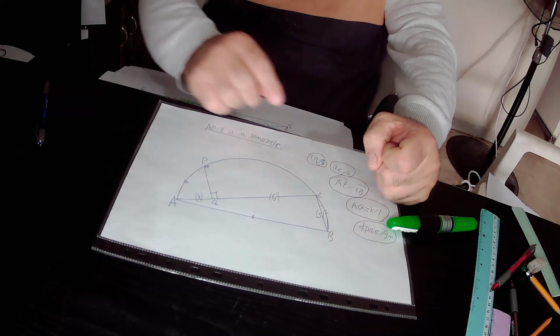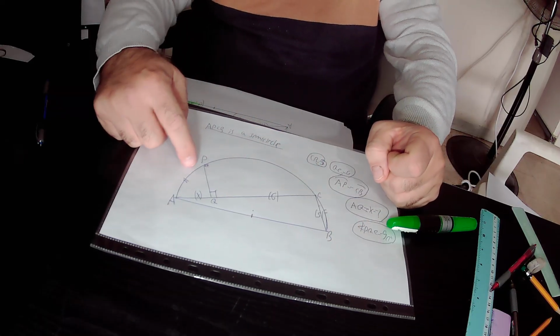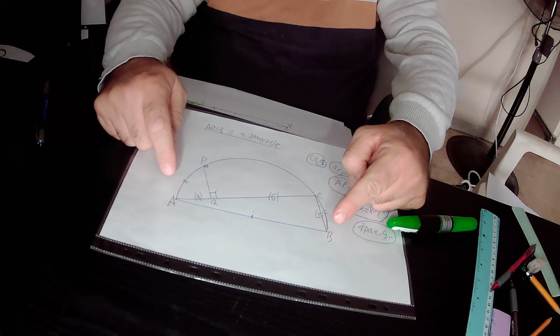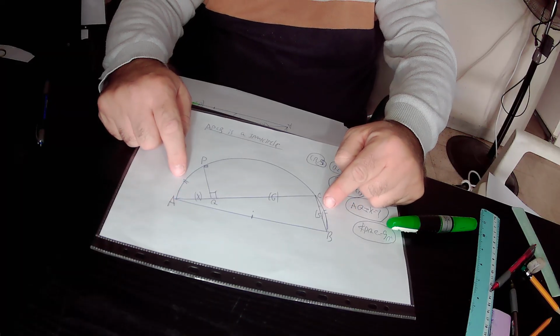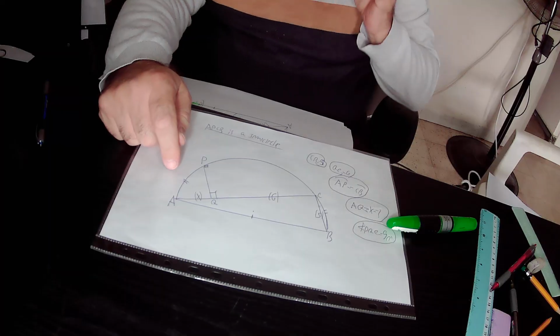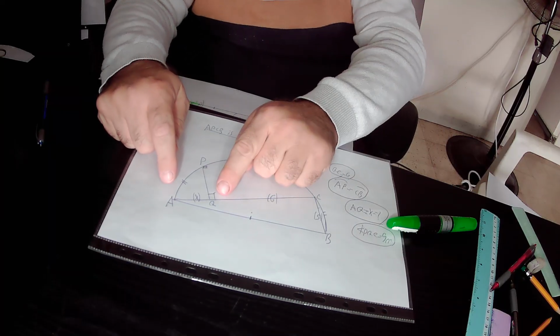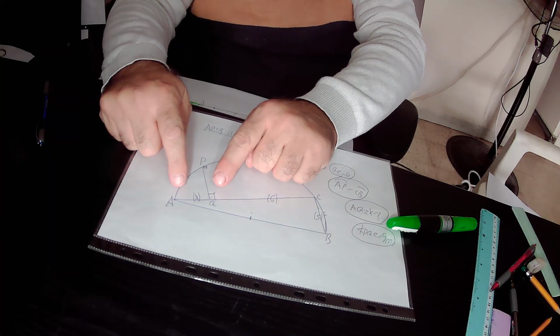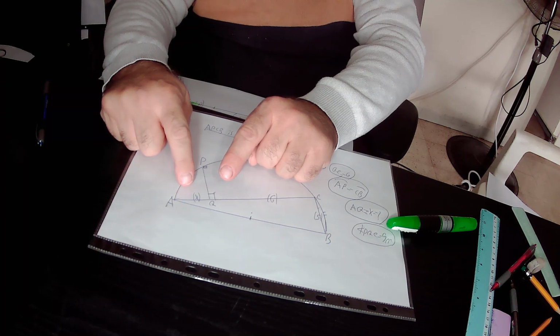In addition, we know that arc PA equals arc CB in length. Those two arcs are equal to each other in length. Our task is to find out the length of this short line segment AQ that is equal to x.